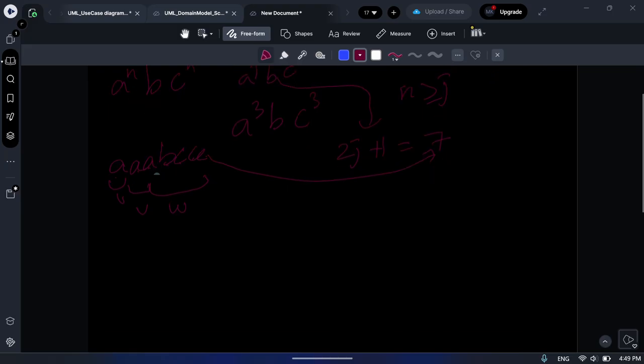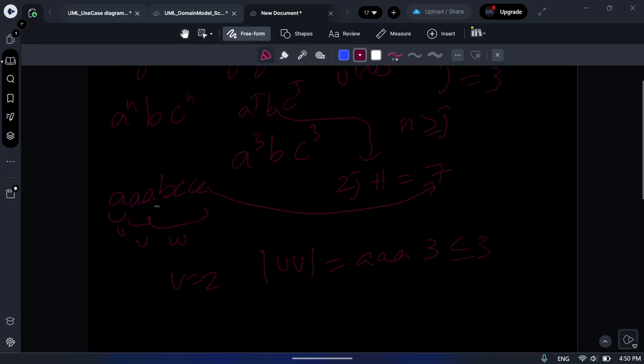Now let's check the length of V. V is 2, and this is perfectly legal because it is bigger than or equal to 1, and the length of UV is equal to 3, which is less than or equal to j.